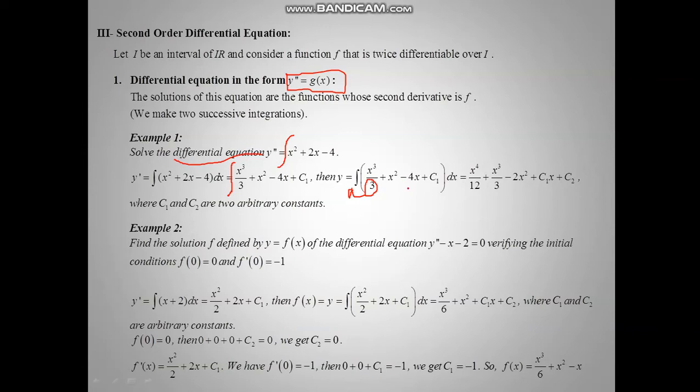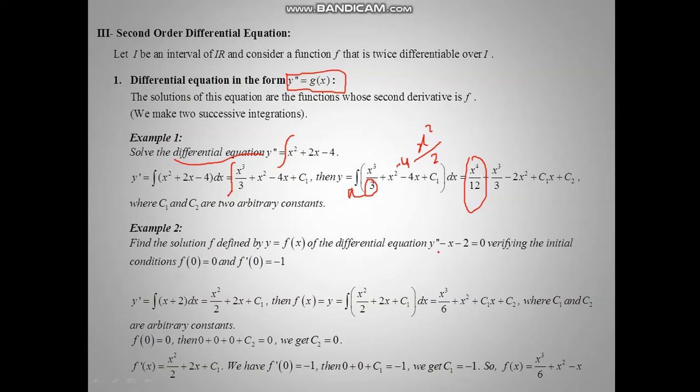The integral of x cubed is x to the 4 over 4, times 1 over 3, we get x to the 4 over 12. The integral of x squared is x cubed over 3, and the integral of minus 4x is x squared over 2 multiplied by minus 4, so we get minus 2x squared, plus c1x plus c2.